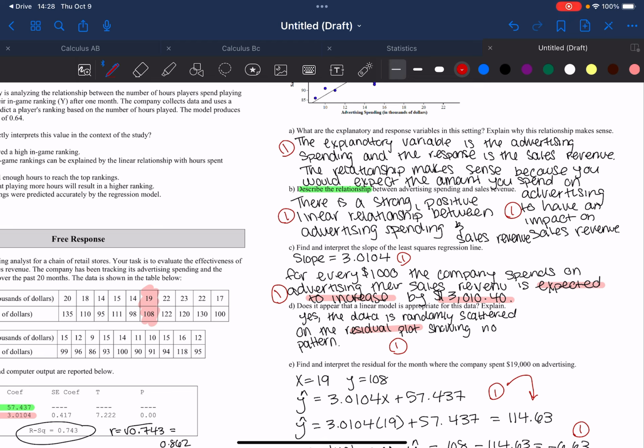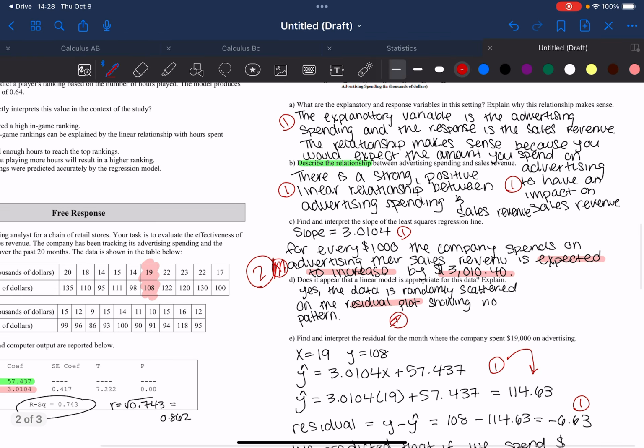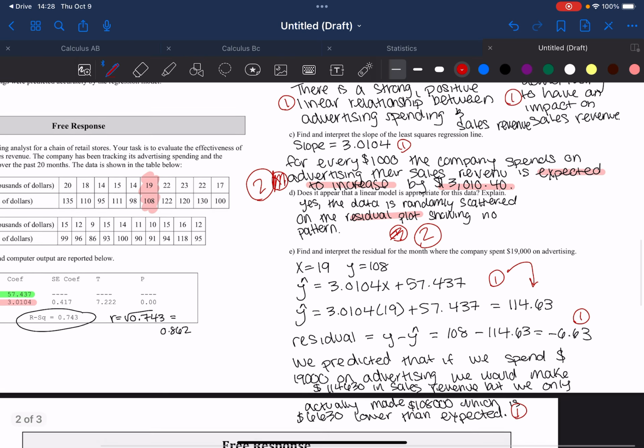Part B was 1 point. Part C was actually 3 points. So instead of this being worth 1 point, this was worth 2 points. Part D was worth 2 points. That's my bad. And then Part E was worth those 3 points like I mentioned.